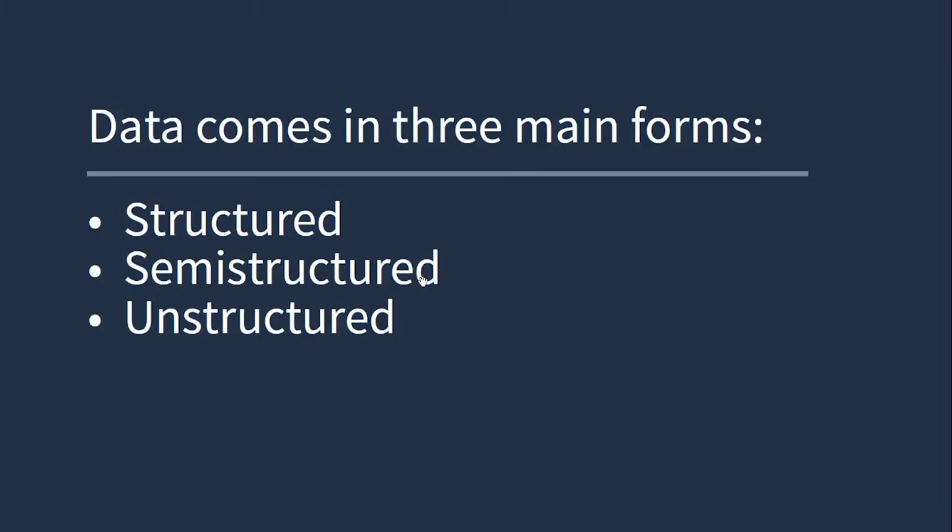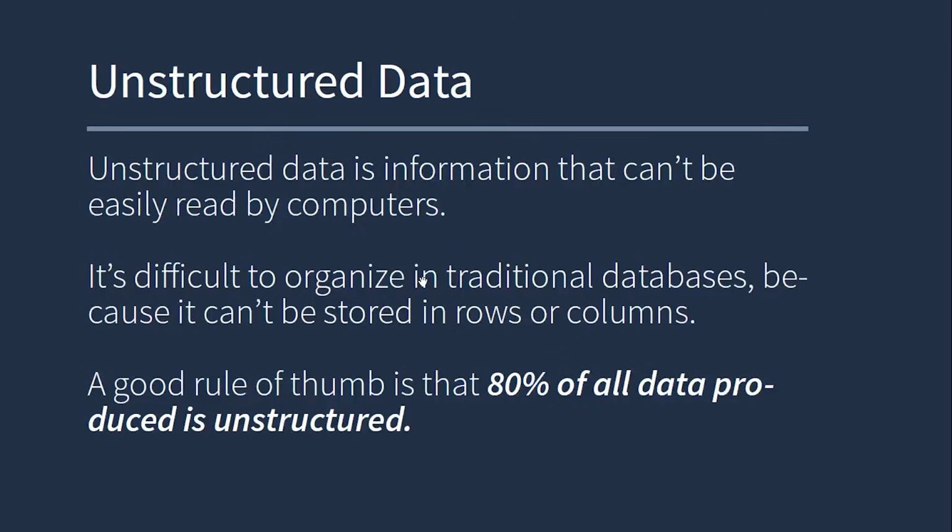Now, there are three main types of data. There's structured data, semi-structured data, and unstructured data. Unstructured data is information that can't be easily read by computers. It includes text documents, videos, or really any kind of information that isn't clearly sorted, can't be organized into databases, doesn't come in rows or columns, or with a clear description of what it is.